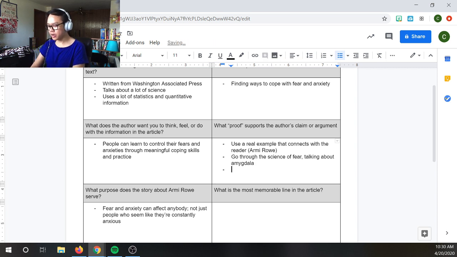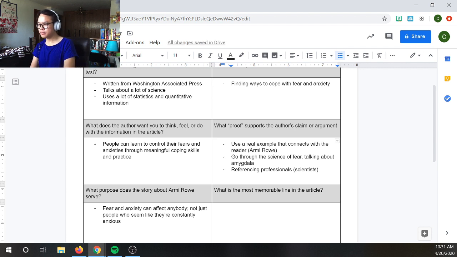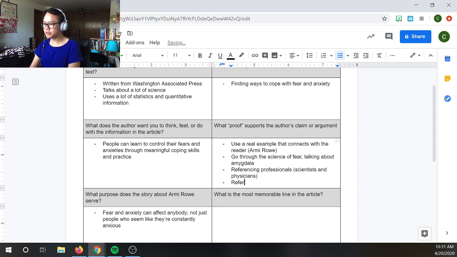So the author is referencing professionals such as scientists. And they're also referencing research studies.